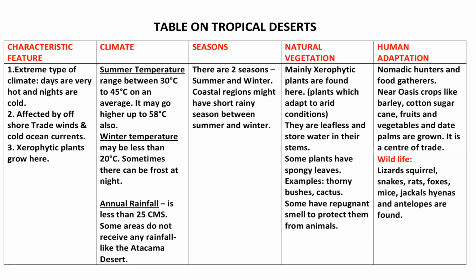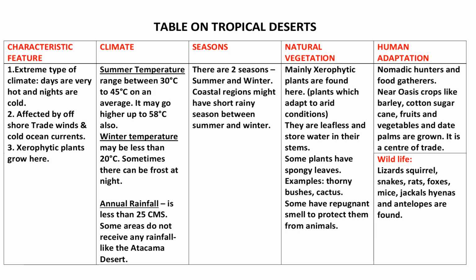Now let's have a look at the table of the tropical deserts. I've categorized it as characteristic features. The extreme type of climate is found here. That means the days are very hot and nights are cold. They are affected by offshore trade winds and cold ocean currents, and xerophytic plants are grown here.